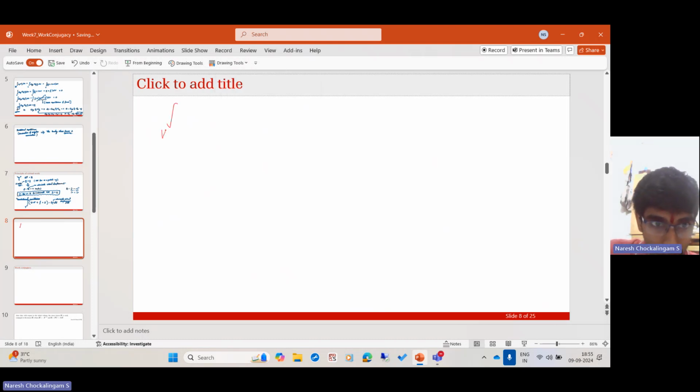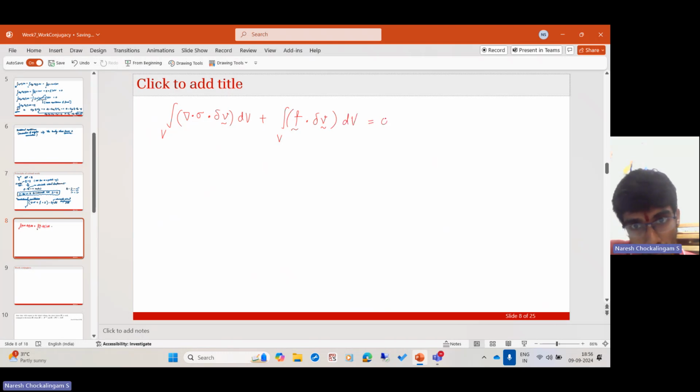Let me use capital V for the volume. So we get the divergence of sigma dot producted with an admissible displacement field integrated over the volume plus the body force dot product with the virtual displacement field integrated over the volume is equal to 0. Now this is a scalar equation because we have dot producted it with the vector field, which is del v.